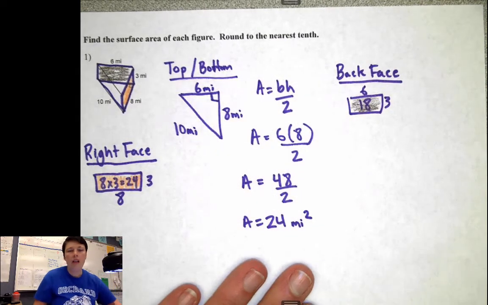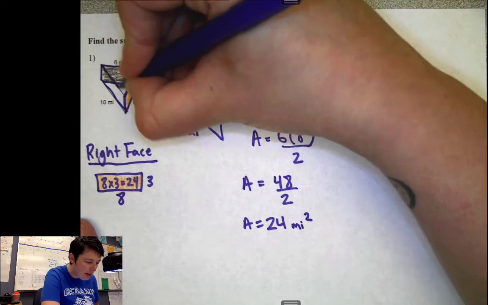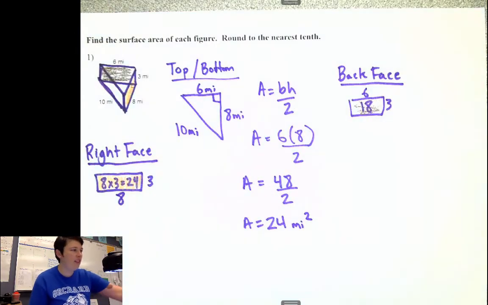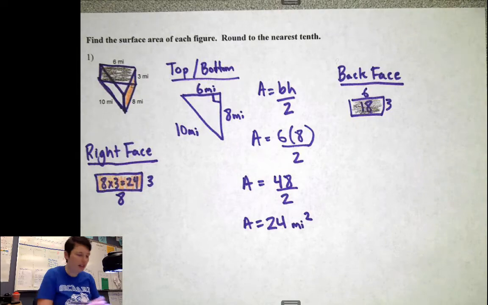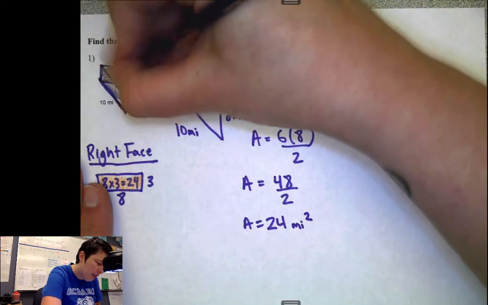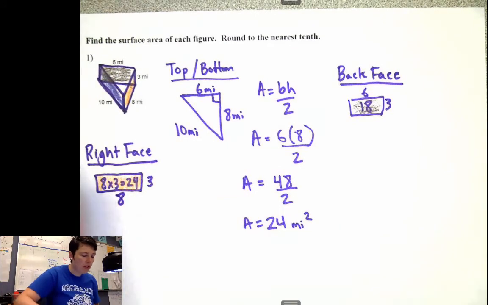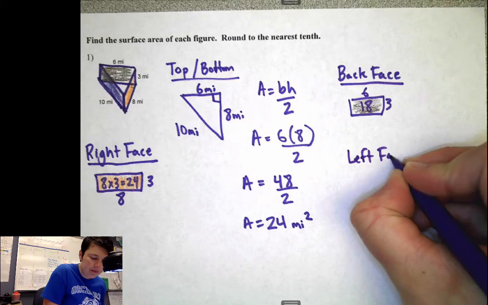There we go. And then we have one more face to deal with, and that is this one right here, if you can still see it, hopefully. In your hand drawing, it starts getting messy as you're doing these. Sometimes it gets hard to do. I'm going to shade that in this purplish blue color. Right there, if you can see it. So one more, let's call that the left face.